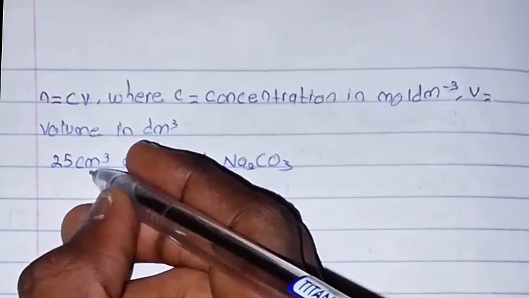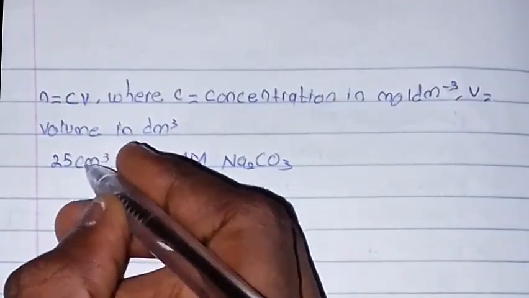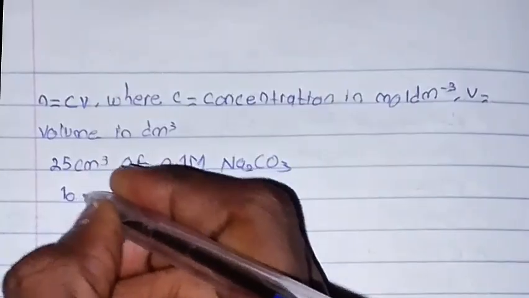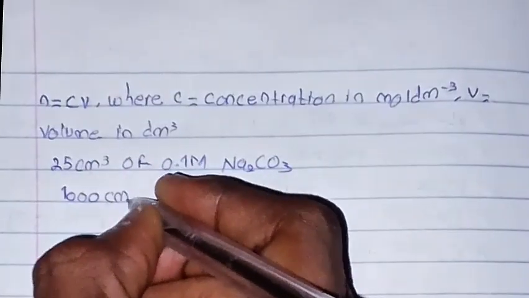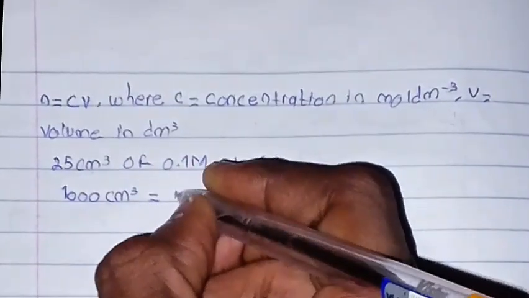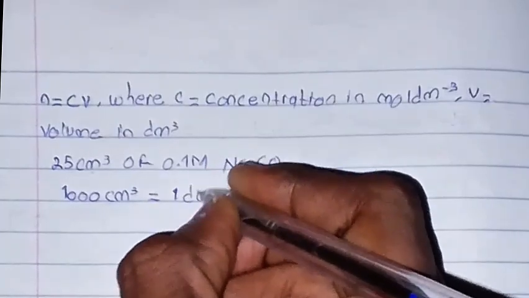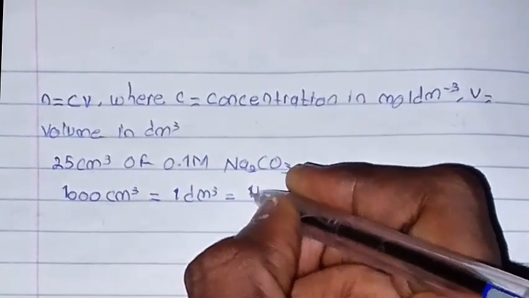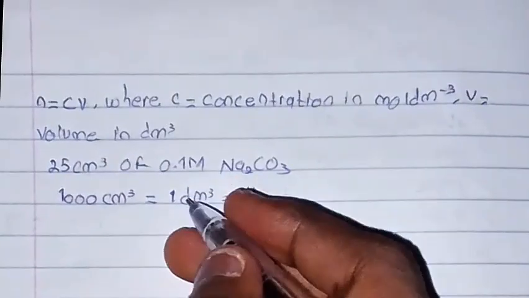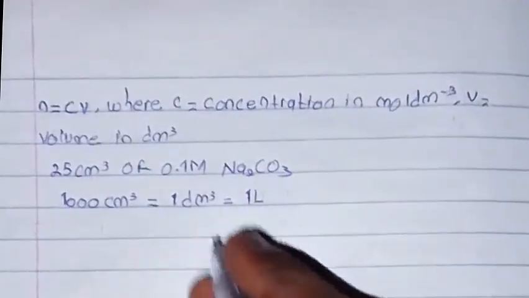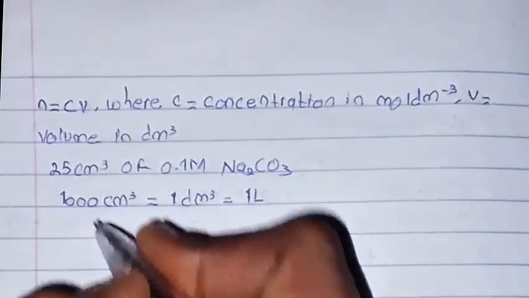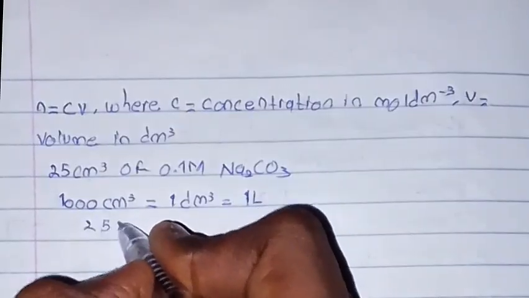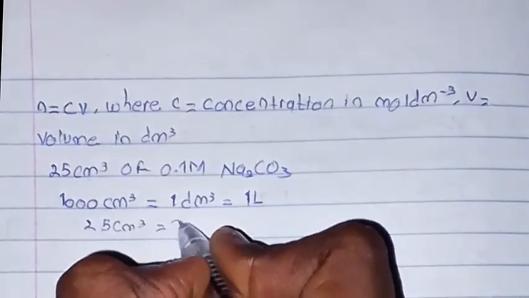To convert cm³ to dm³, we divide by 1000, because 1000 cm³ is equivalent to 1 dm³, which is 1 liter.